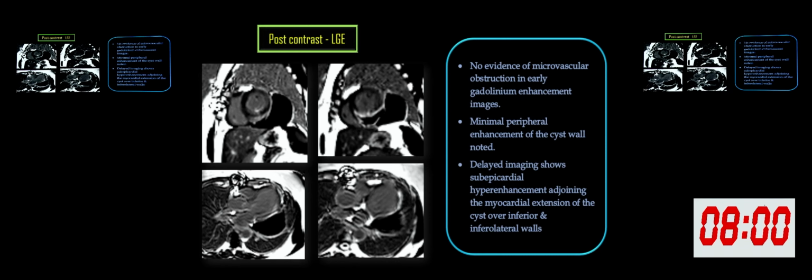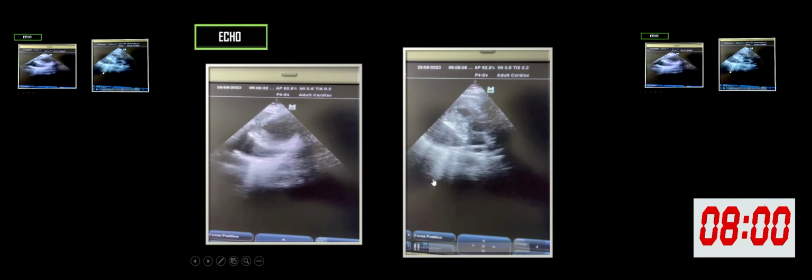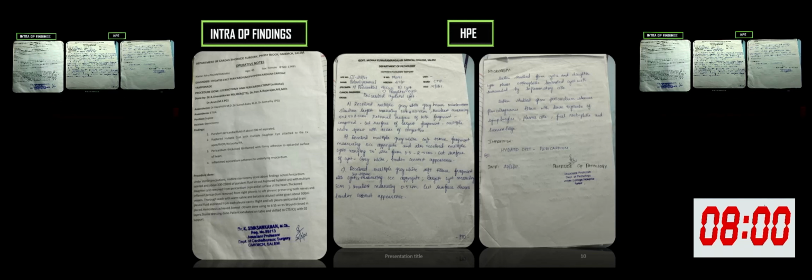I wanted to inform them, and we called my postgraduate, who had completed residency and was doing assistance in Salem, and we got the old reports. This was the echo that was done recently that showed the cyst. We thought we had diagnosed it recently, but in 2021 we did not have the history initially. They had aspirated purulent pericardial fluid. It was found to be a ruptured hydatid cyst with multiple daughter cysts attached to the LV apex, RVOT, and aorta.